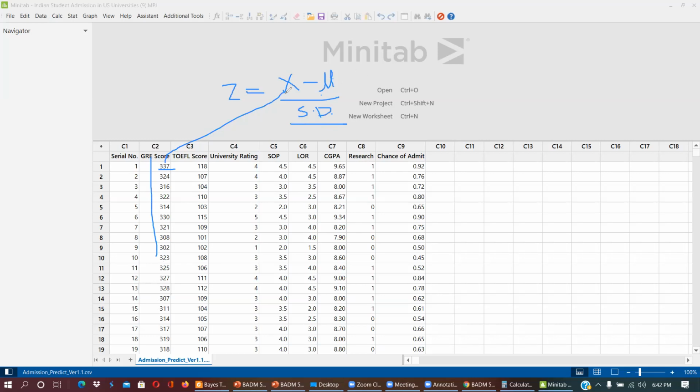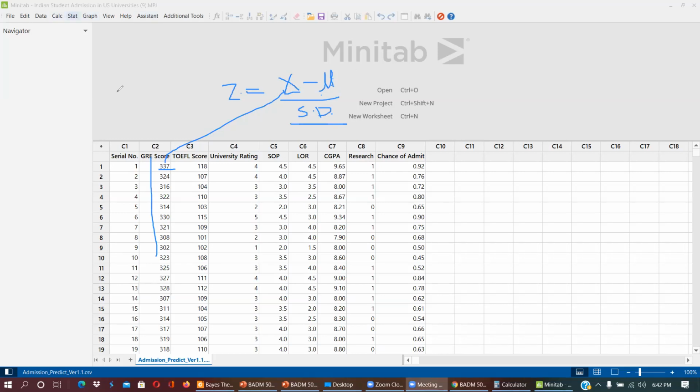So if the X value is greater than the average, then the Z value is positive. If the X value is less than the mu value, then it is negative. I'm just going to do a few things here.